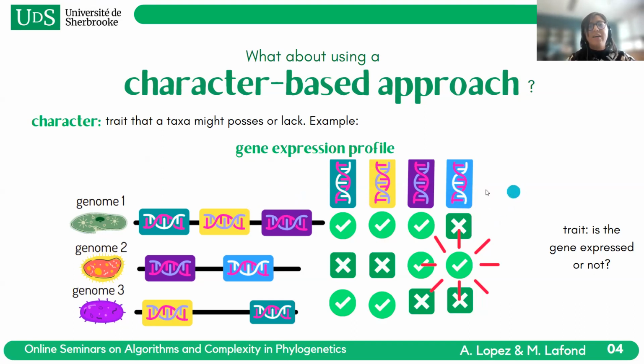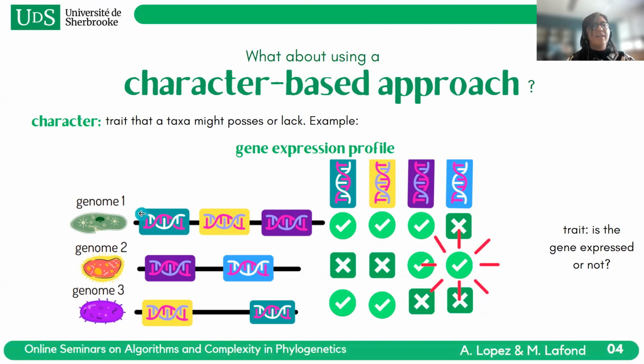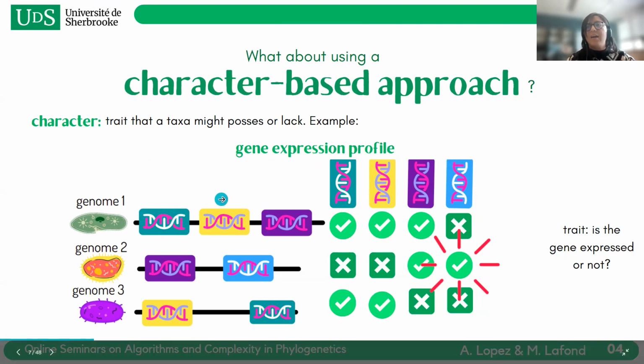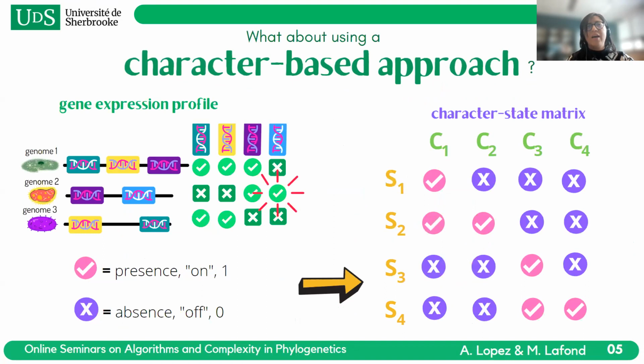We can take a look at this by building a gene expression profile, where, given a set of species, for example here, and a set of genes, we can record which genes are expressed and which genes are not. As computer scientists, we abstract the results of these gene expression profiles into what we call a character state matrix, where the columns represent the characters and the rows represent the taxa, the species.